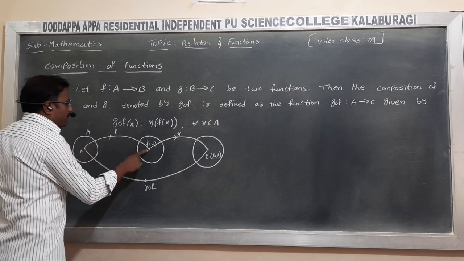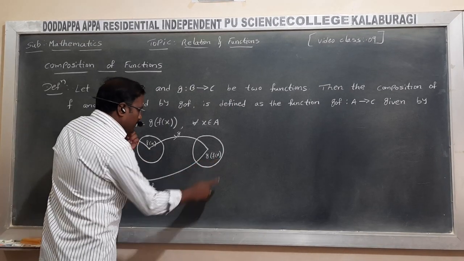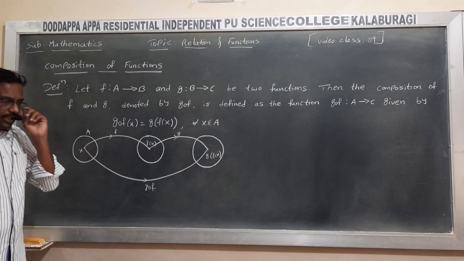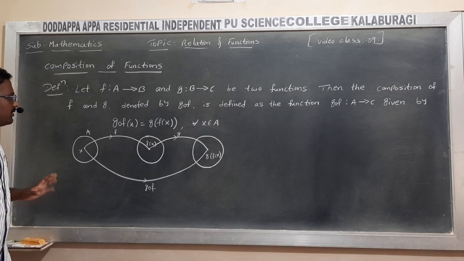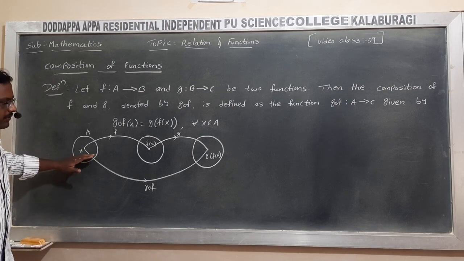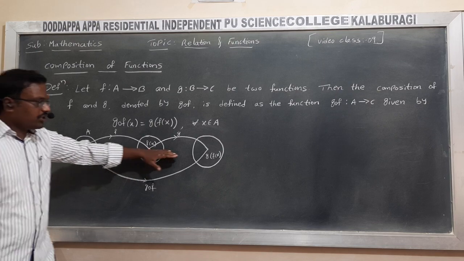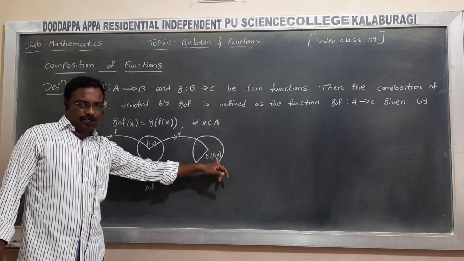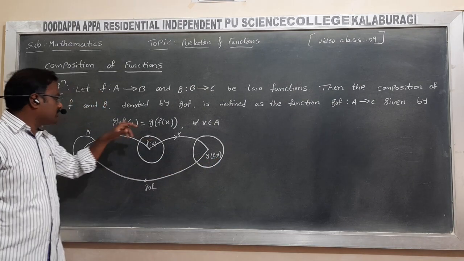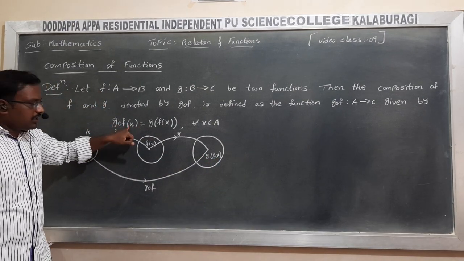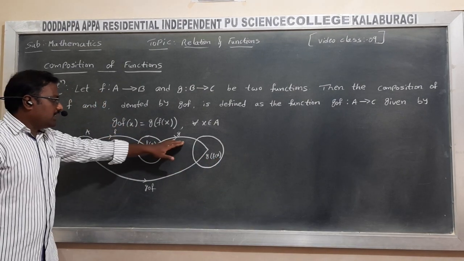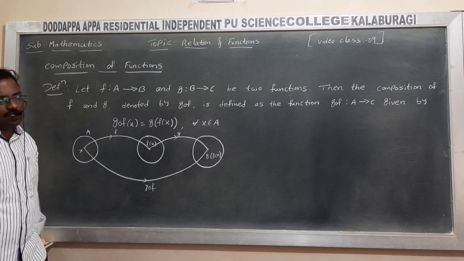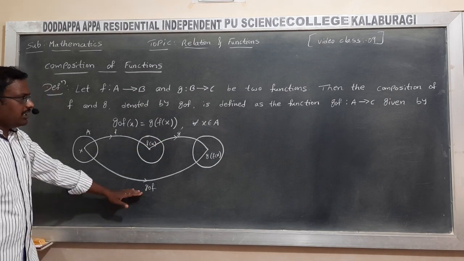If you combine it, you can write g of f of x. This is the composition of function. If you write the combined function, you can call it g of f of x, or it is also denoted by g naught f of x. Here f is, here g is. If you combine it, you get g naught f. Is it clear?